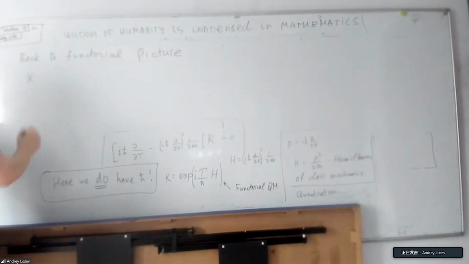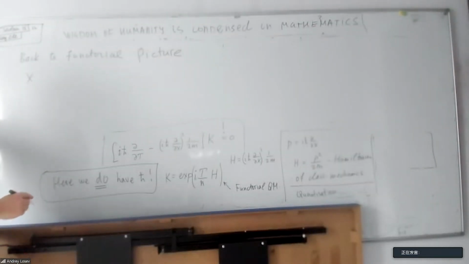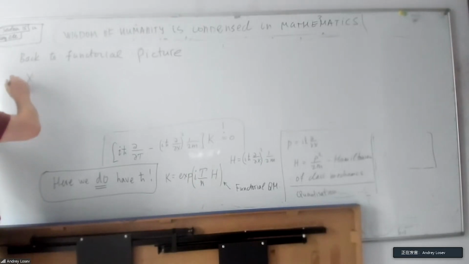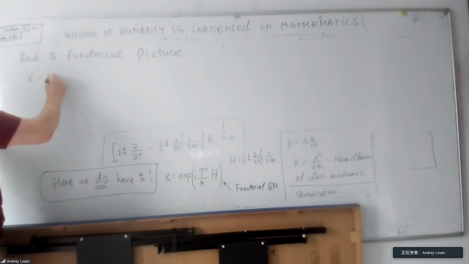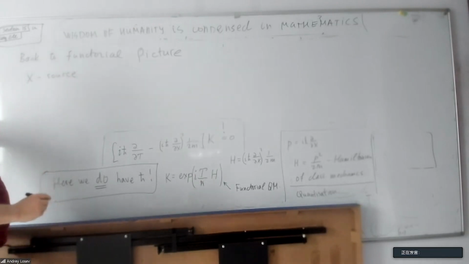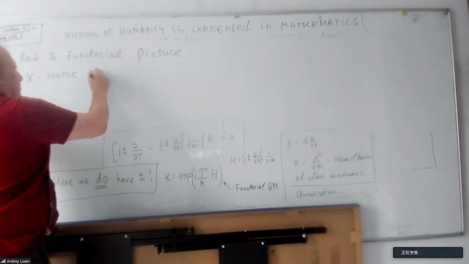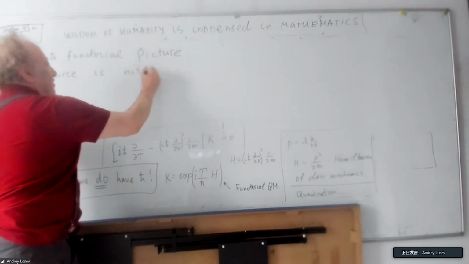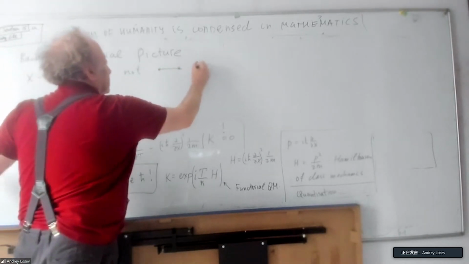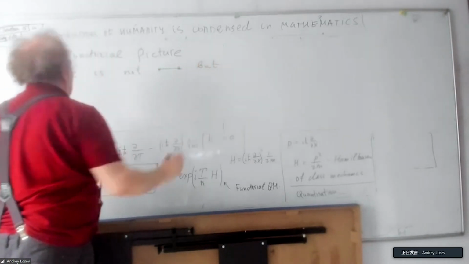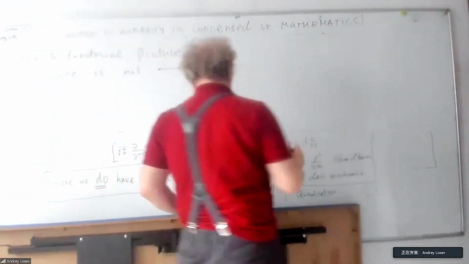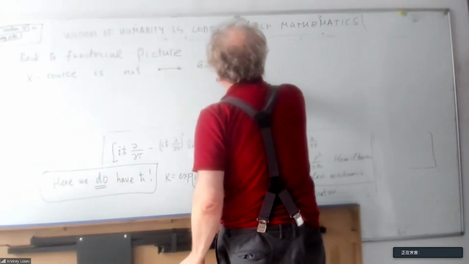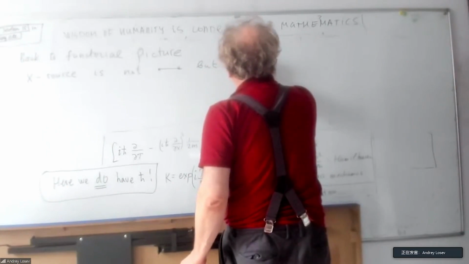Suppose that X, or from which we are taking, so now X is a source. It is not an interval, but a circle.